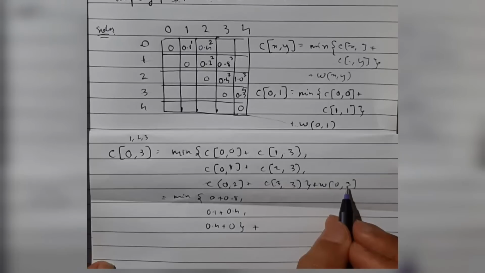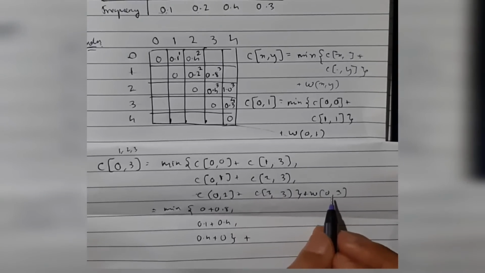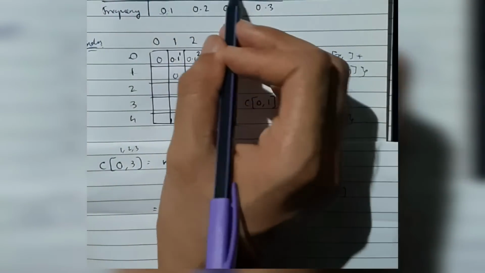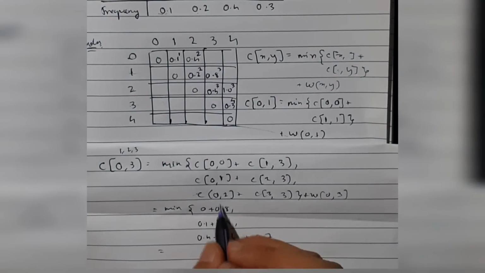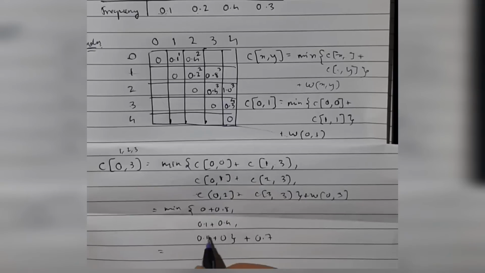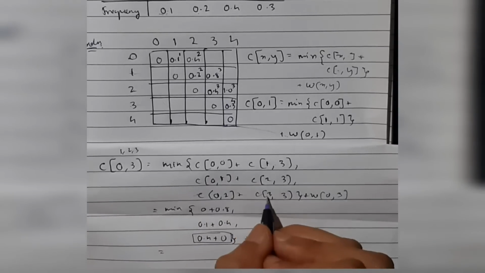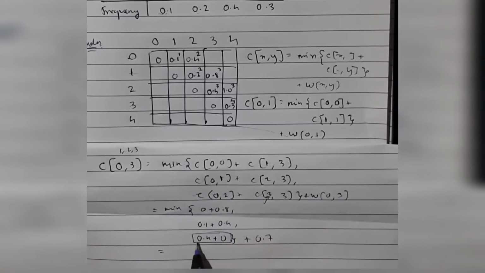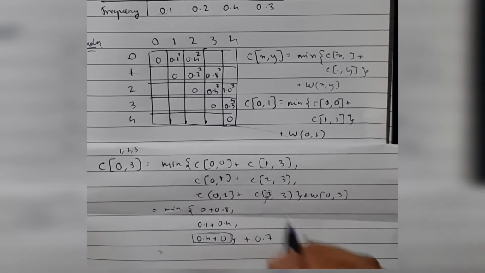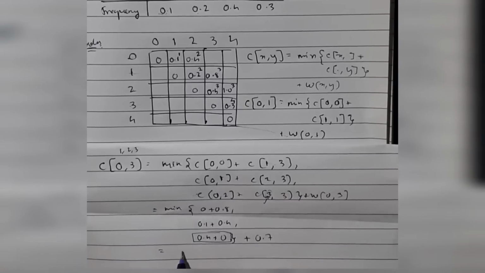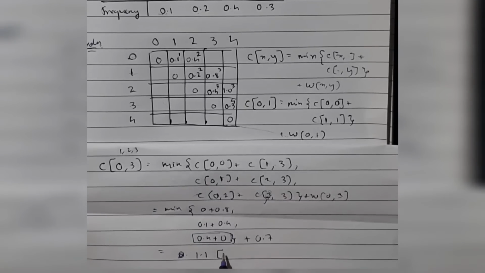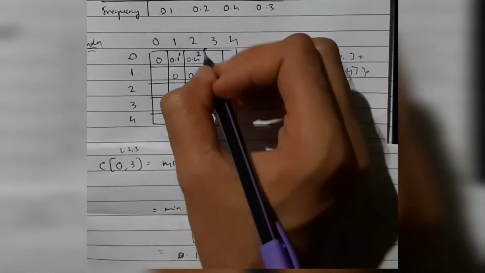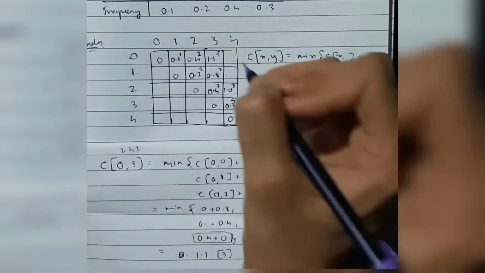Ignoring 3, we have to calculate the sum of frequencies of 1, 2 and 3. If we calculate the sum, we'll get 0.7, and the minimum among these three is this one, 0.4. So 0.4 I got from the third element. Okay, so I'll take 3 here. From the third row I got, so this is the element which I need, and 0.4 plus 0.7 is 1.1, and the element which I get here is 3. So I'll be writing here 1.1 and 3.